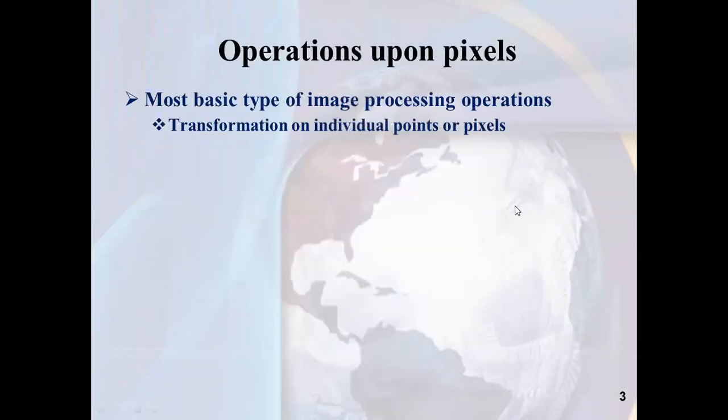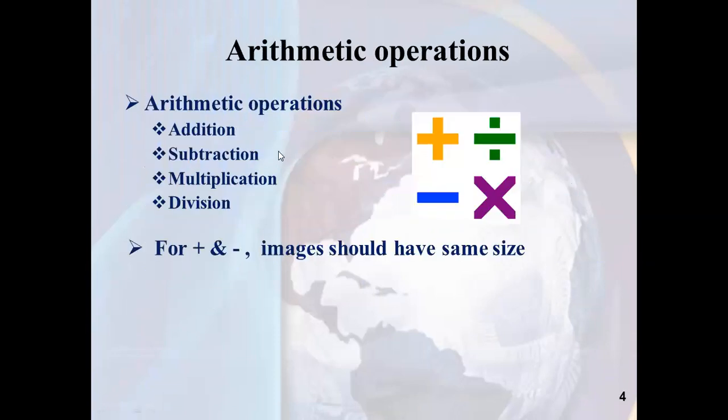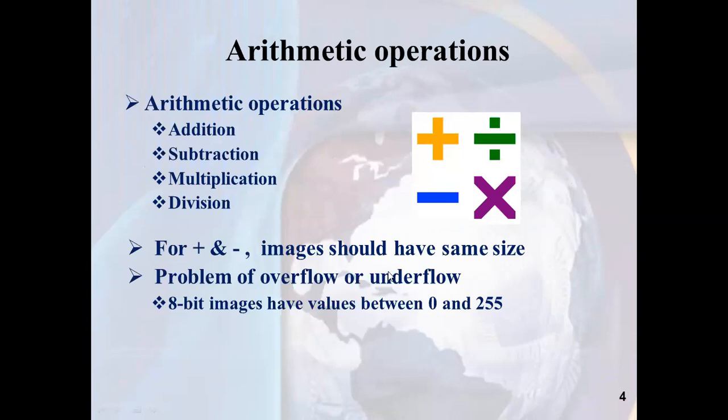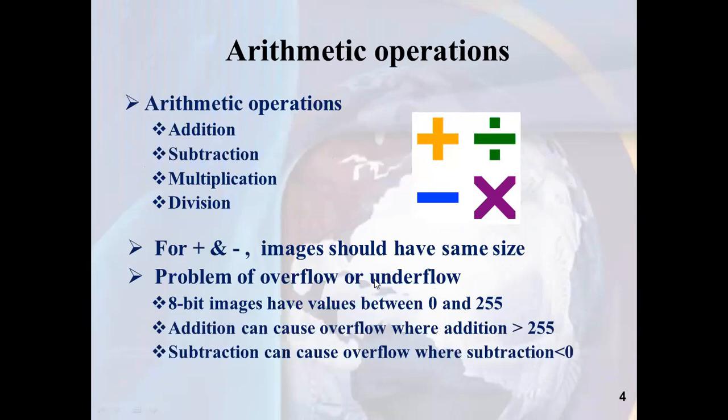Also, when we have a subtraction, the subtraction may result in numbers that are lower than 0, which are negative numbers. So this is what we call the problem of overflow and underflow, where the addition can cause an overflow, which means the addition of the two intensities may exceed 255. Also, subtraction can cause an underflow, where subtraction may lead to numbers less than 0.